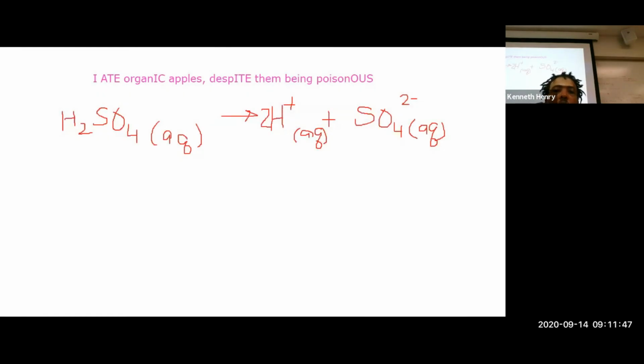Okay. What is this anion called? This guy over here. SO4 2 minus. Sulfate.